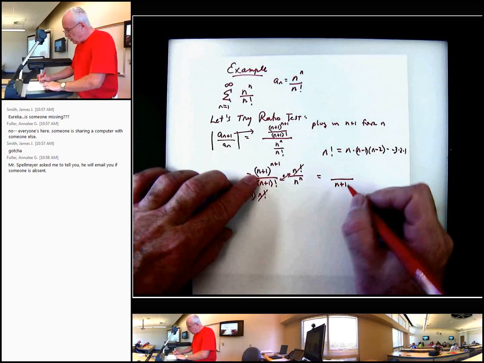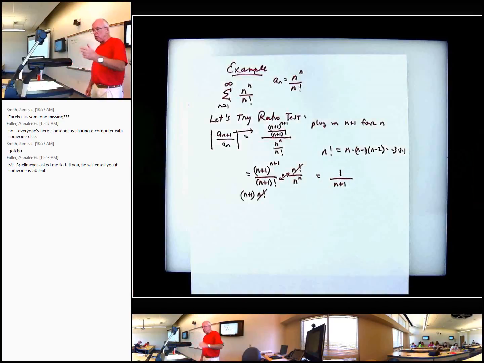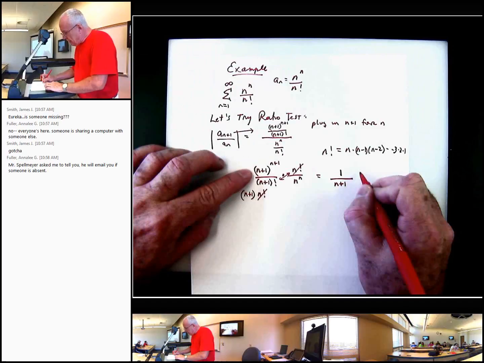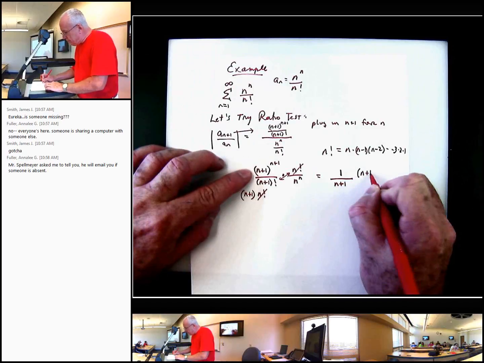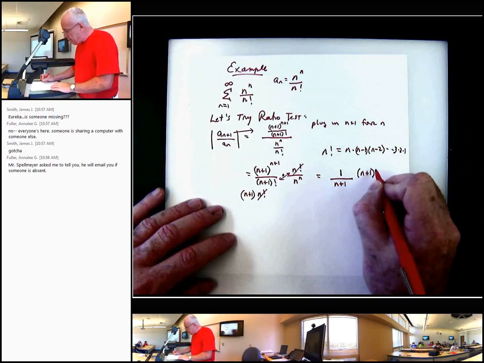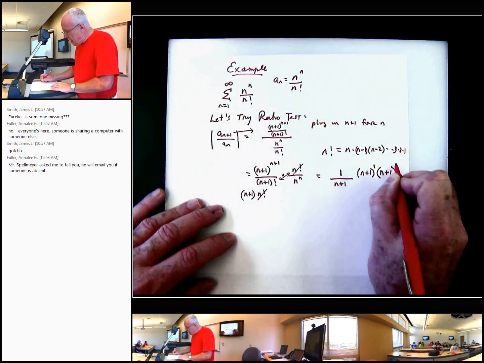Now, let me just put a 1 up here as a placeholder. Now I also have n plus 1 to the n plus 1 power. Well, let me write that as n plus 1 times n plus 1 to the n power.